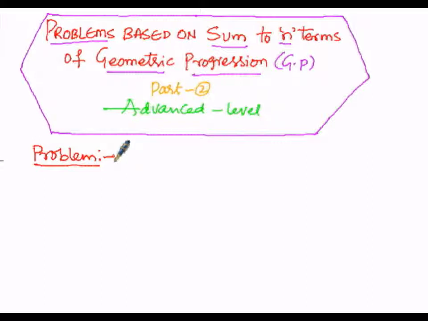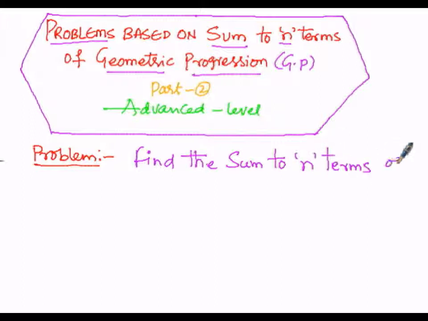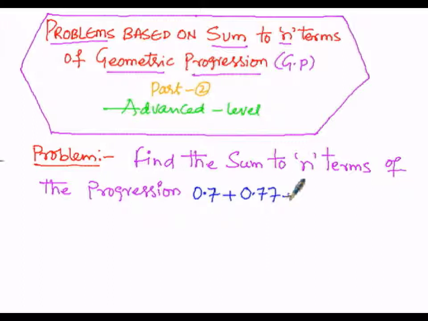Here the problem is to find the sum to n terms. We are going to find out the sum to n terms of the progression 0.7 plus 0.77 plus 0.777 plus dash dash up to n terms.